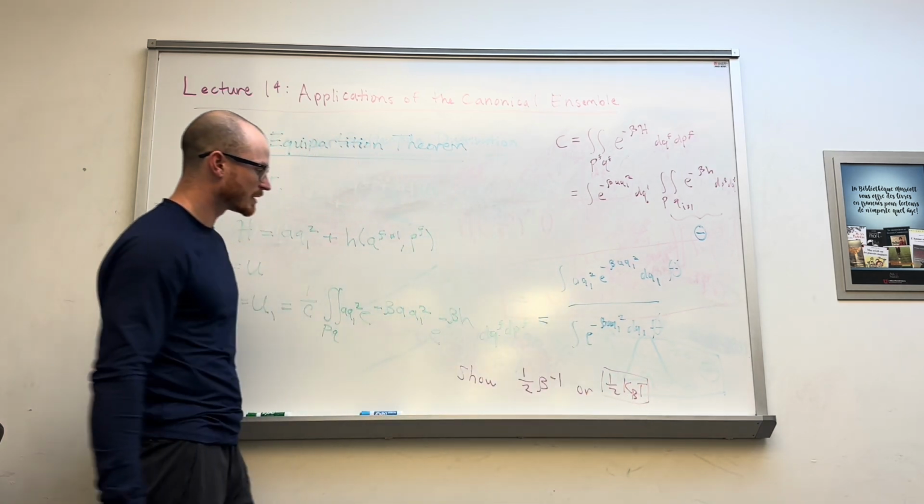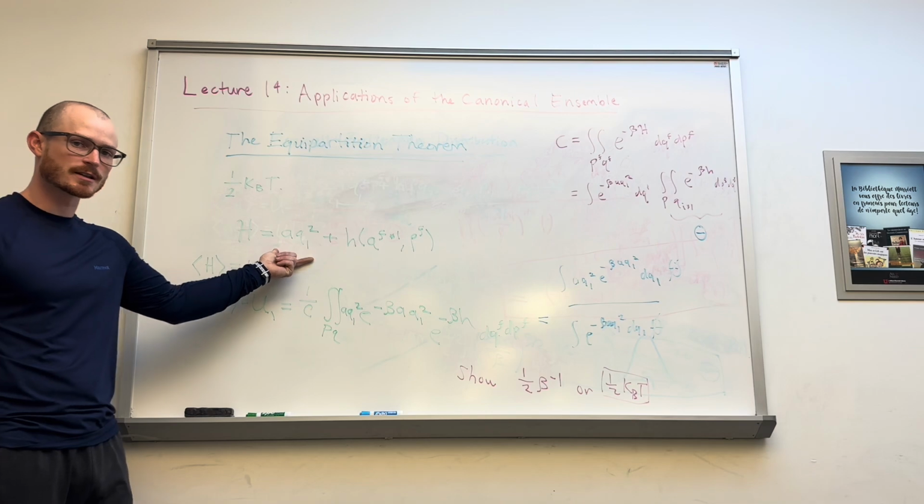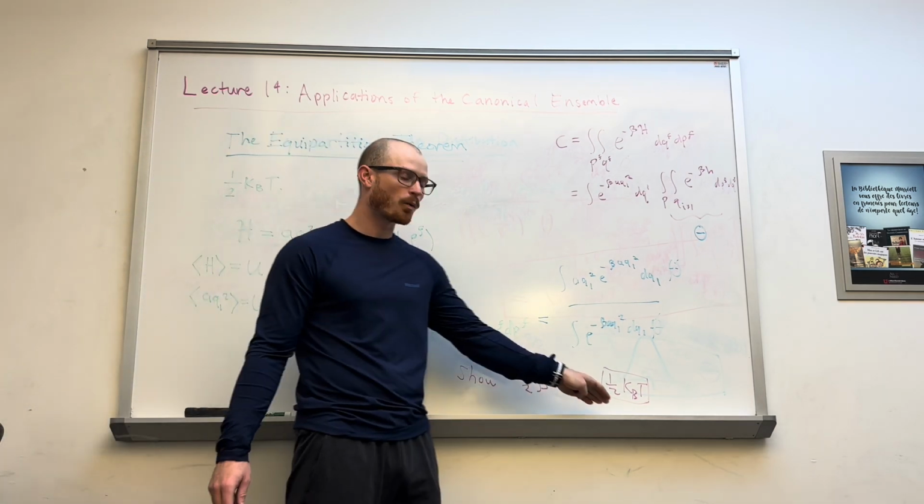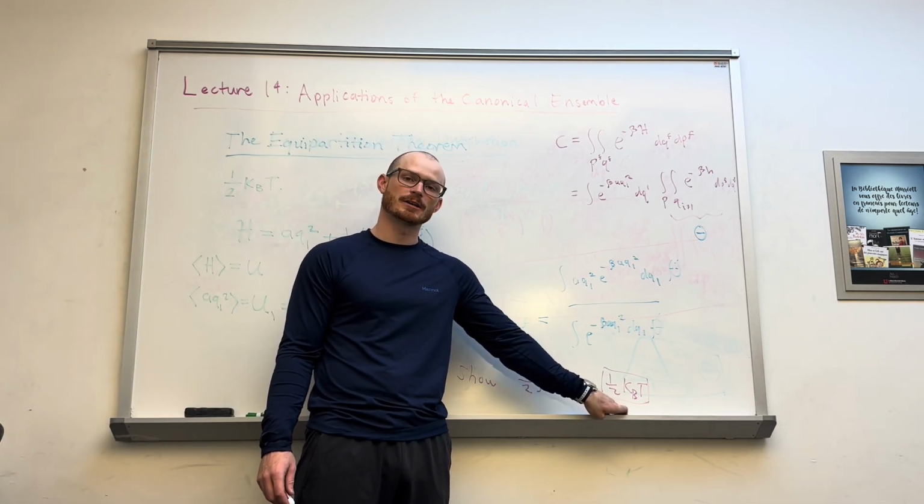What this shows is that each quadratic contribution to the Hamiltonian contributes a 1/2 kBT to the total energy.